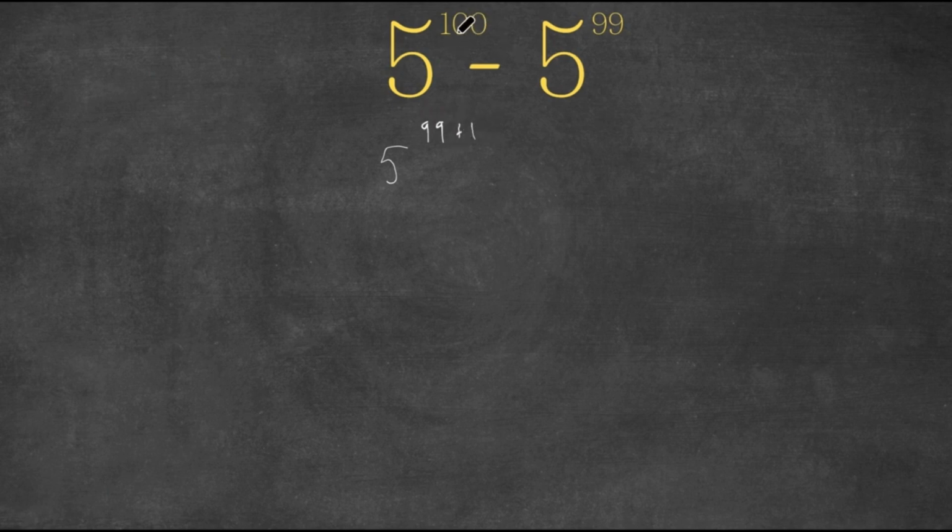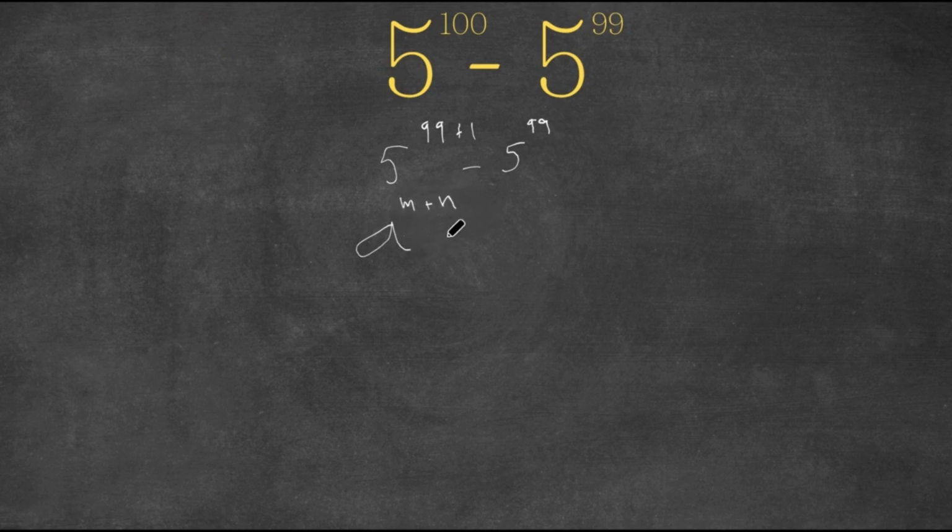All we're doing is changing this exponent 100 into 99 plus 1, which is completely legal. And we're still subtracting 5 to the power of 99. We're not changing anything with that. Now we're going to use an important property of exponents. Let's say we have a to the power of m plus n.